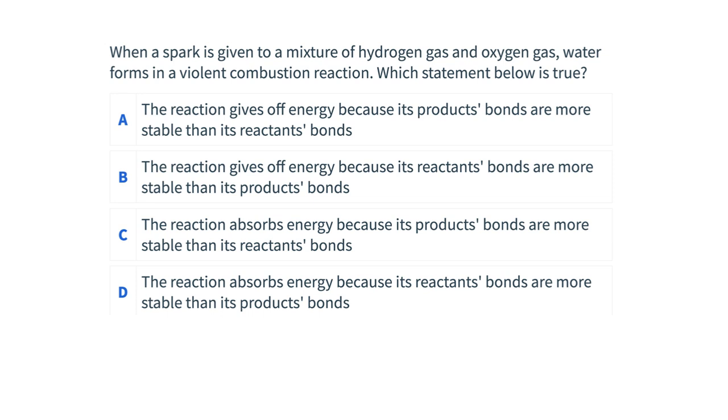More stable is stronger. Weak bonds are unstable. So we're starting with weaker bonds forming stronger bonds. So we're forming something more stable during that combustion reaction. So energy is given off because the products' bonds are more stable than the reactants' bonds. So more stable means stronger.